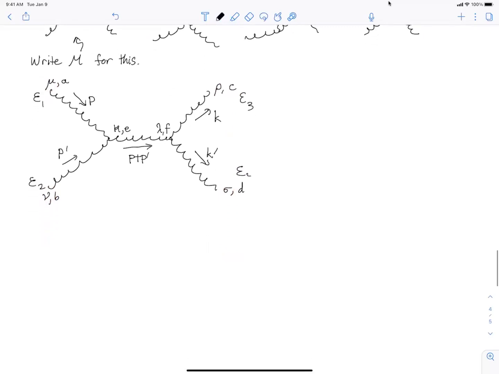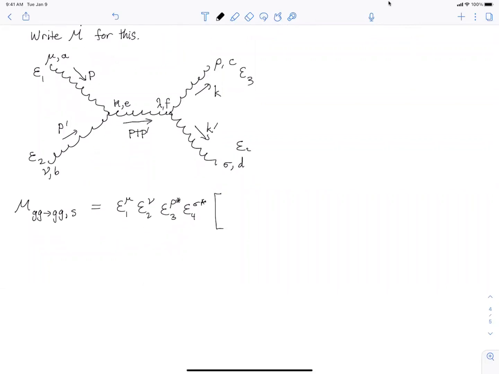And so now I can write down the matrix element for GG goes to GG only for the S-channel diagram. Let me start by writing the external polarizations. There are no fermion lines in this diagram at all, so I don't need to worry about them. And these ones are in the final state, so I should complex conjugate them if it makes a difference.